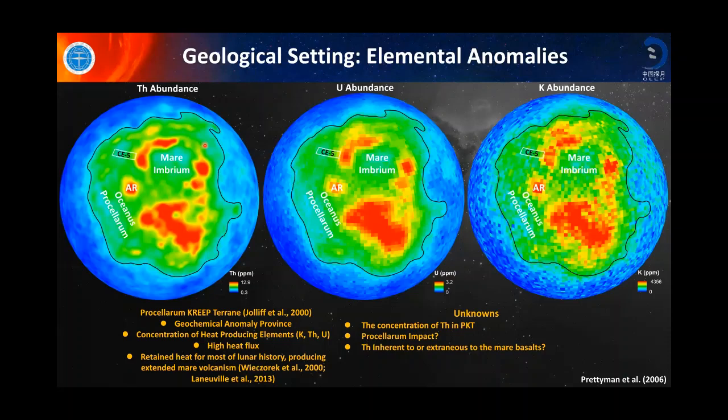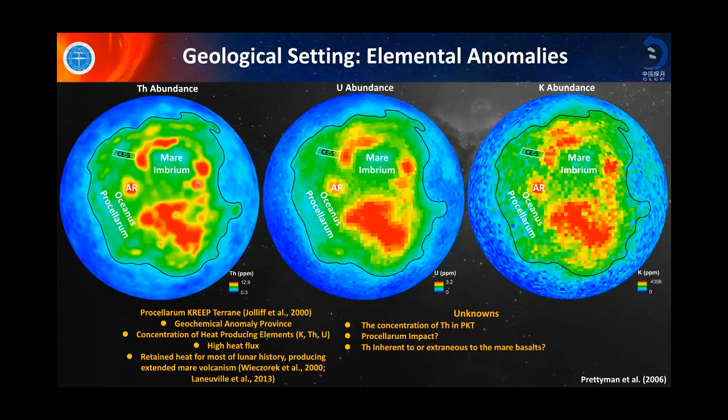Because of the high concentration of heat-producing elements, this region has a very high heat flux, and the temperature will remain hot for a very long time, so volcanism extended in this region to nearly 1.0 gigayear ago.